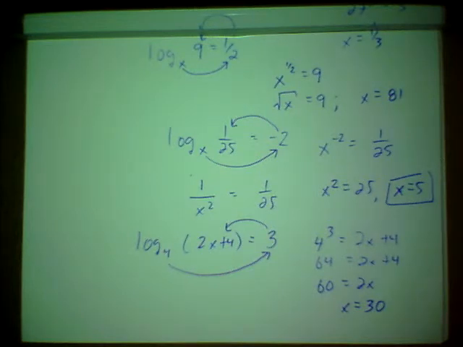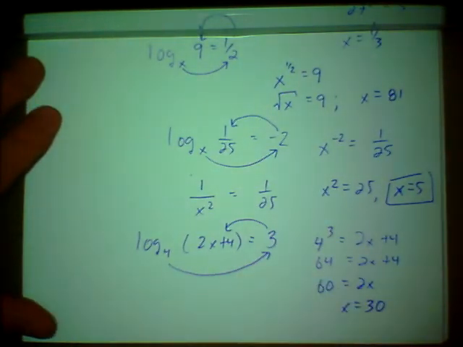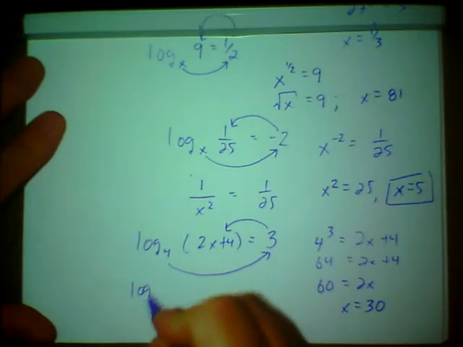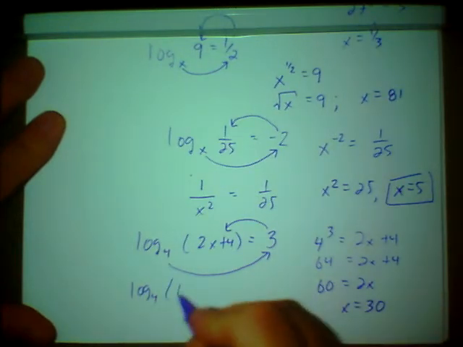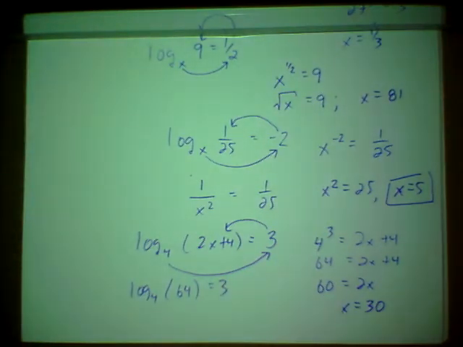Now the one rule, which I sort of neglected to mention, is that whenever you solve an equation with a log, you always have to check your work. Because sometimes with logs you'll get extraneous solutions that don't really work. So in this case, if I plug 30 back into my original equation, I'd have log base 4 of 64 equals 3.